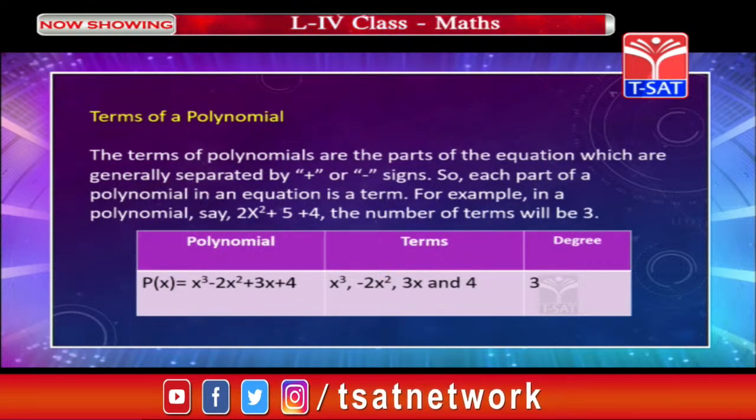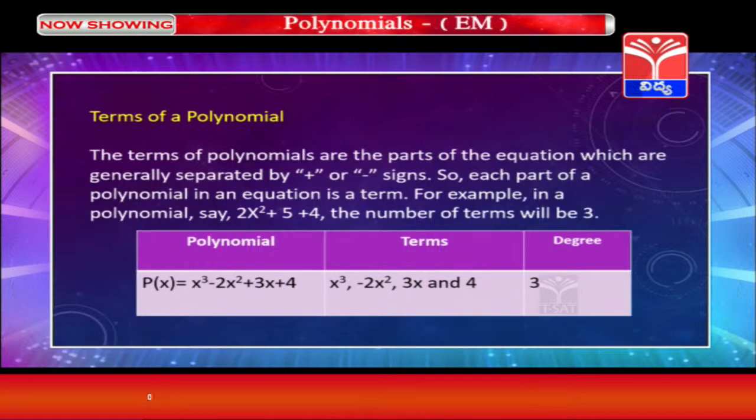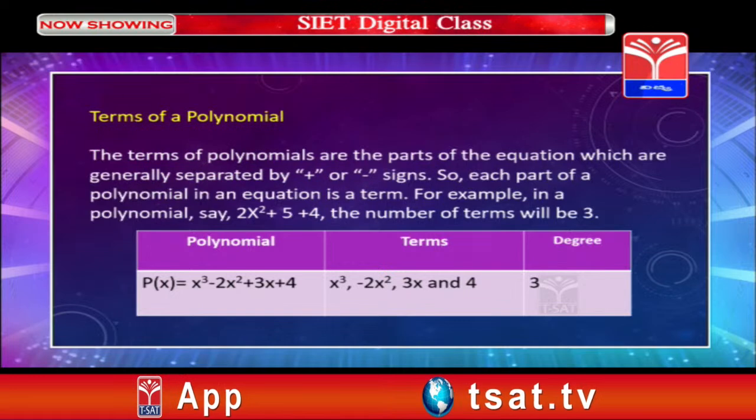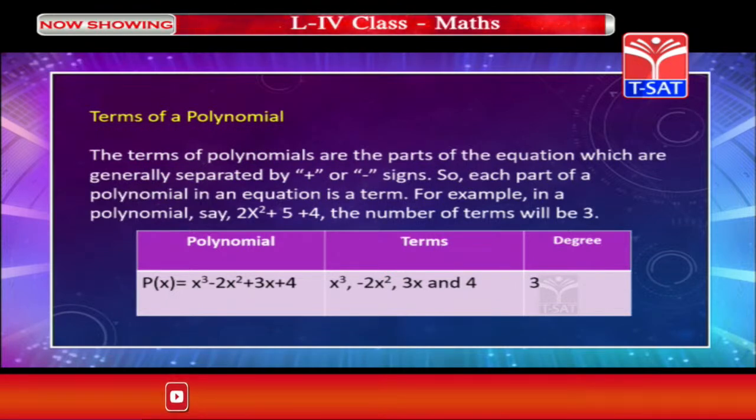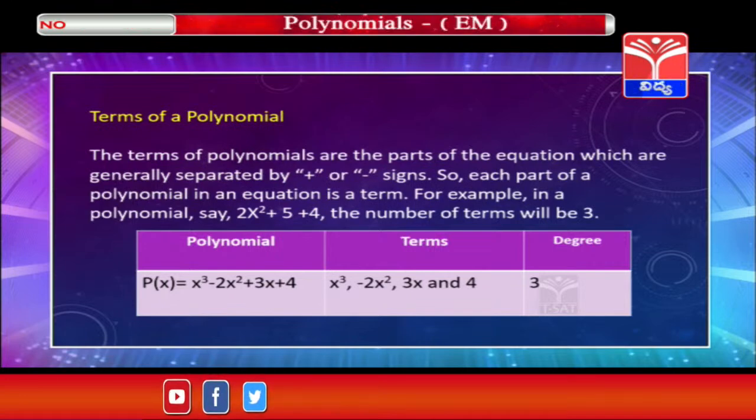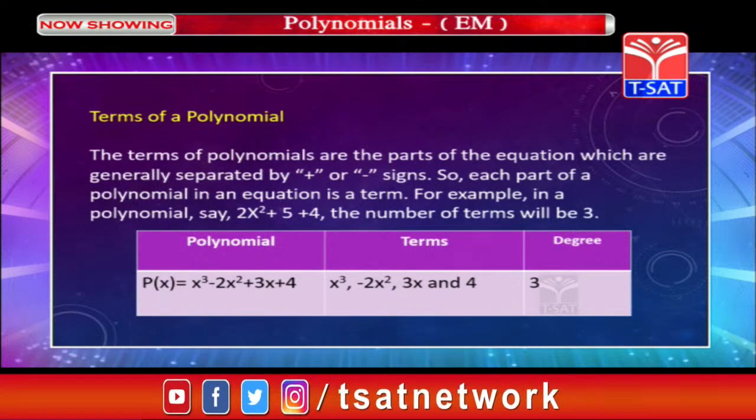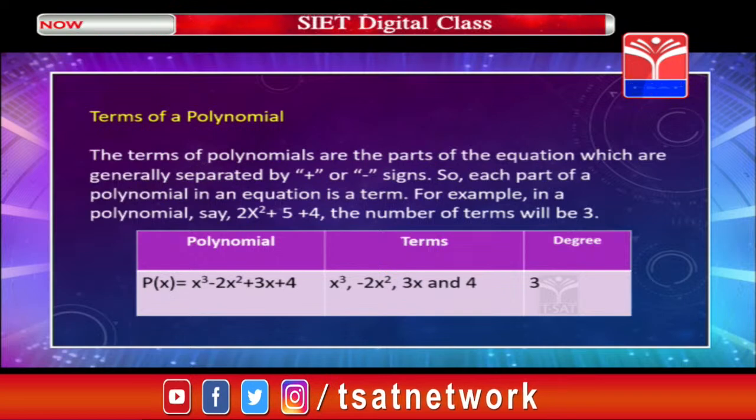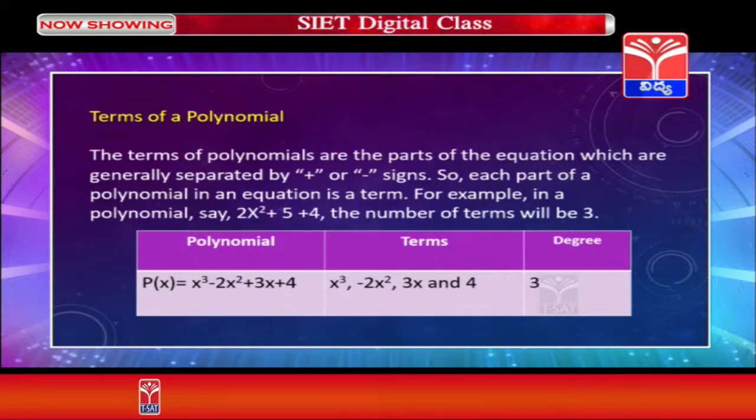Each part of a polynomial in an equation is a term. It is an algebraic sum, maybe addition, maybe subtraction. Each one is said to be a term. So, this polynomial x cube minus 2x square plus 3x plus 4 has 4 terms.